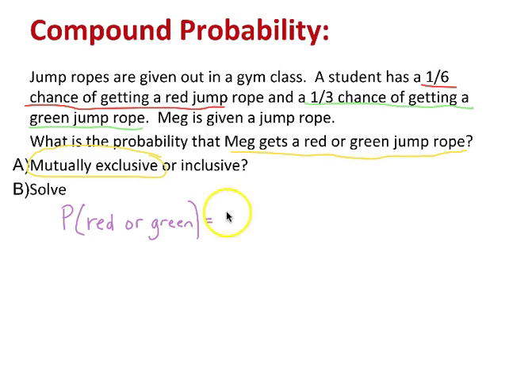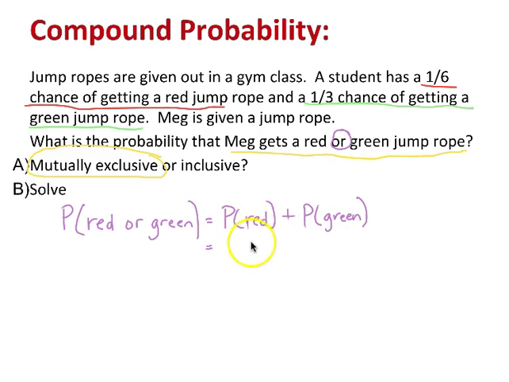First we're going to find the probability that she's given a red one. We're going to add to it. We see that keyword "or" lets us know we're adding. And then the probability of getting a green one. And then that's it, because we don't have to subtract out the overlap since we're dealing with mutually exclusive events.